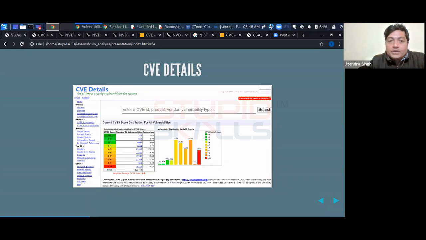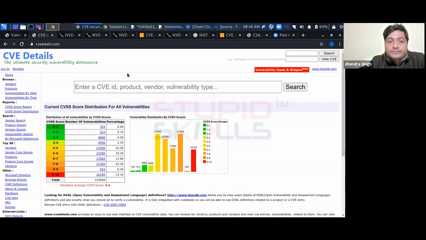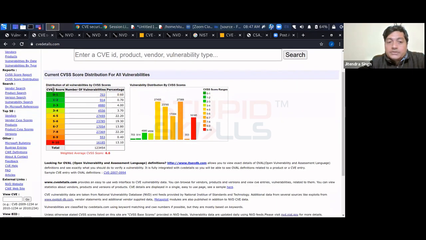Let me show you, I have this website open in one of the tabs. If you go to cvedetails.com, you can search for vulnerabilities based on the CVE ID, any product, the vendor, or the vulnerability type. Based on the scores, you would see how many vulnerabilities this database has.